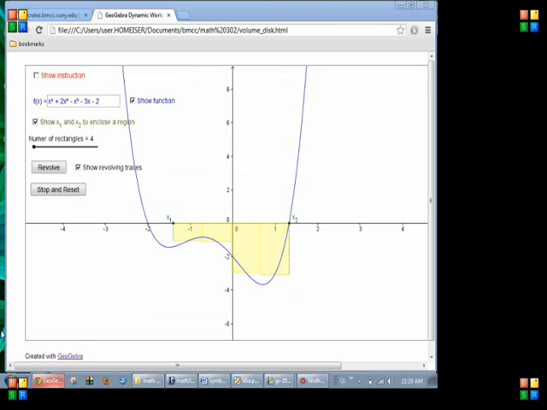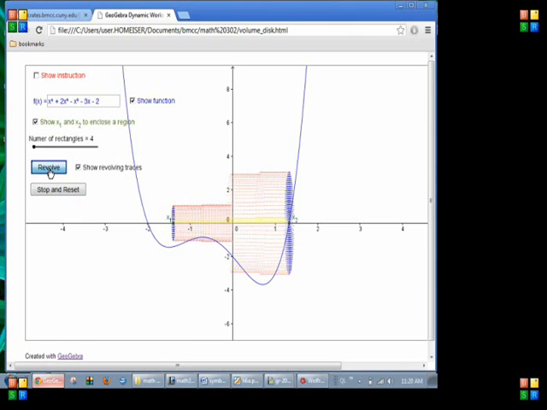And we're going to use those rectangles to approximate what happens to that region when we spin it around the x-axis. So what do you get? We get a cake. What you get is little cylinders.